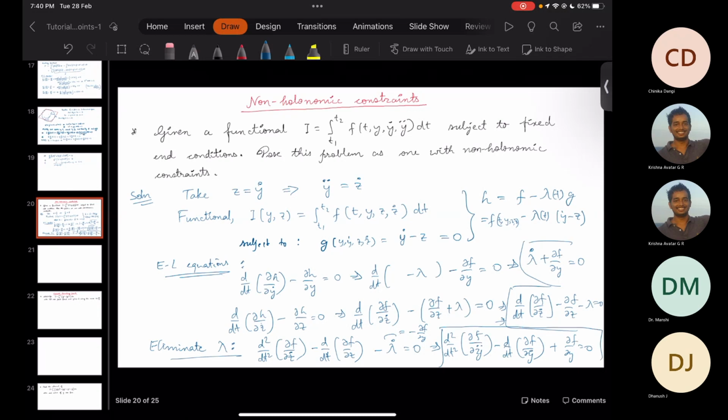So just to make an equivalence between using a non-holonomic constraint and how it will be directly: a non-holonomic constraint can be used to convert a functional containing higher derivatives in dependent variables to one with first order derivatives, and we create extra independent variables. So that's essentially it, and this is widely used in different areas of engineering.